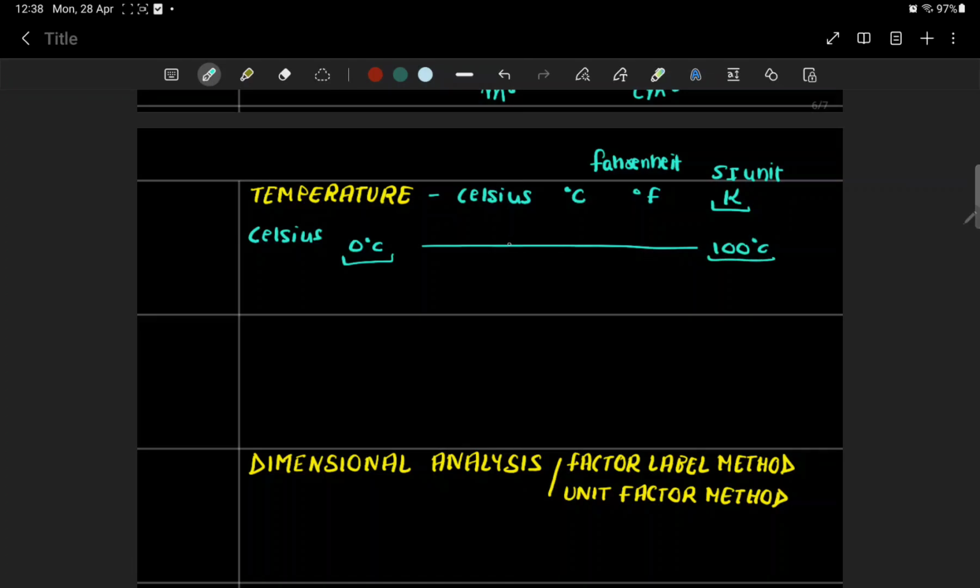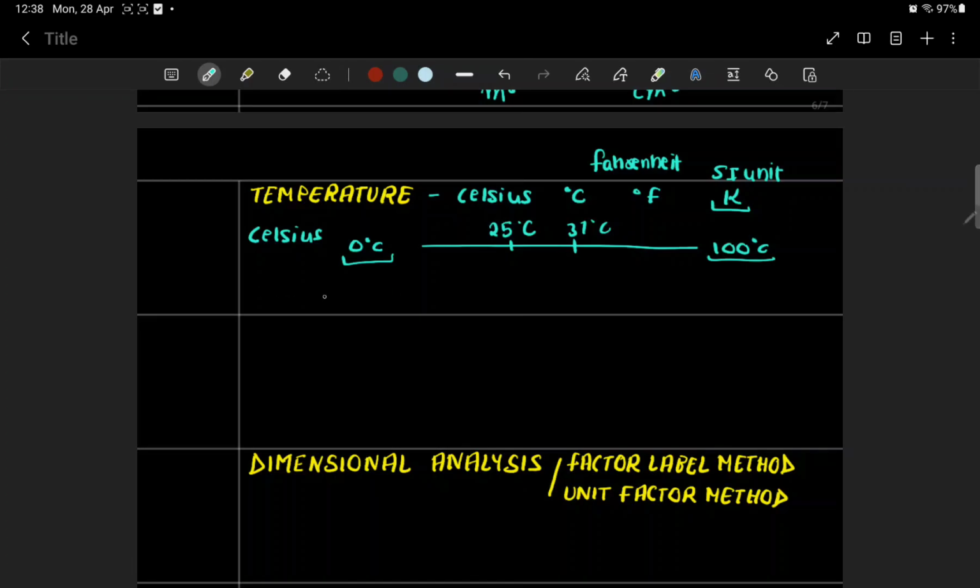In between we have 25 degrees Celsius and 37 degrees Celsius. 25 degrees Celsius is the room temperature and 37 degrees Celsius is the human body temperature.